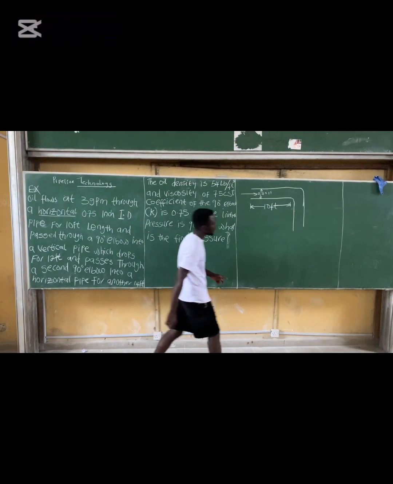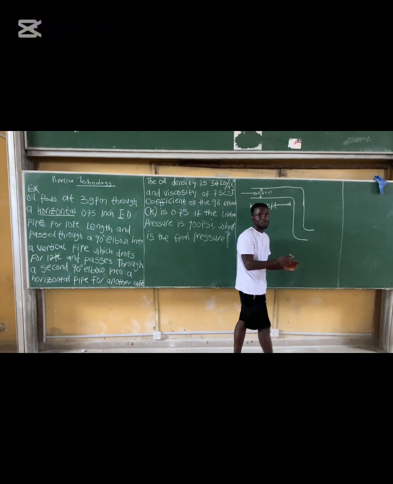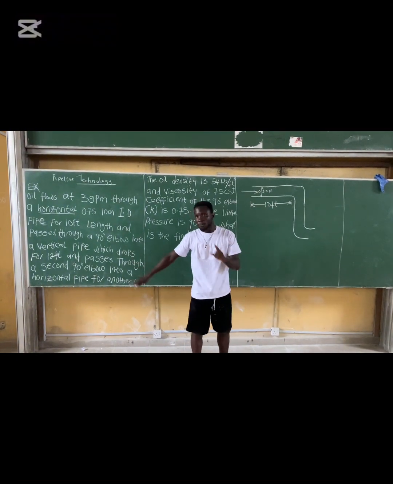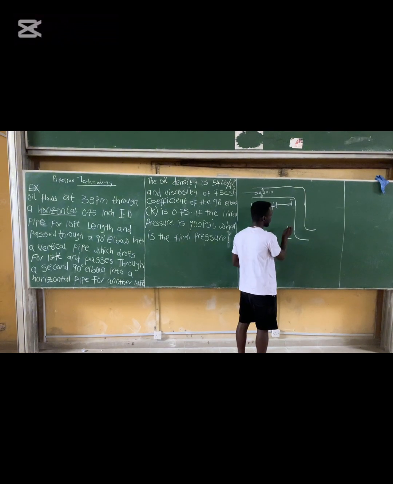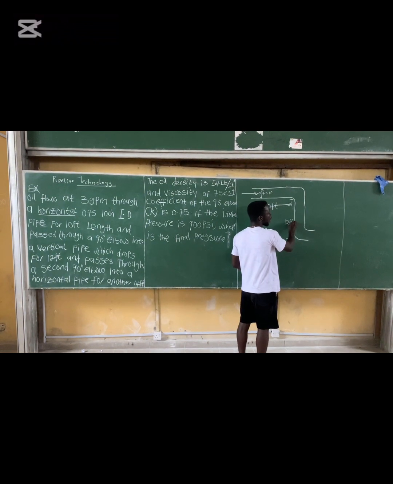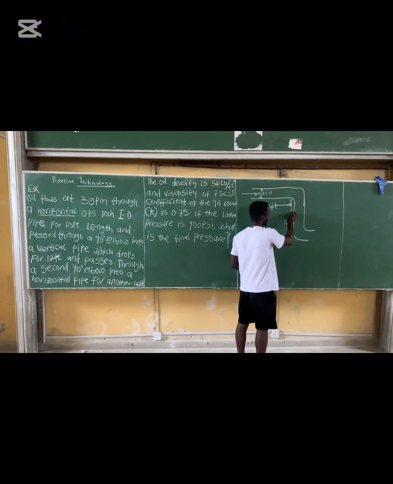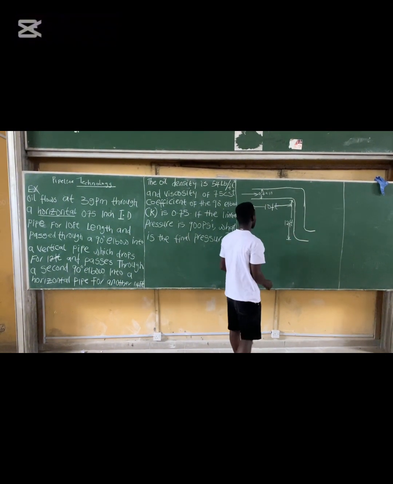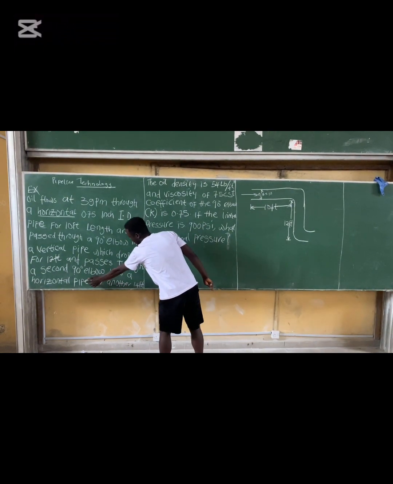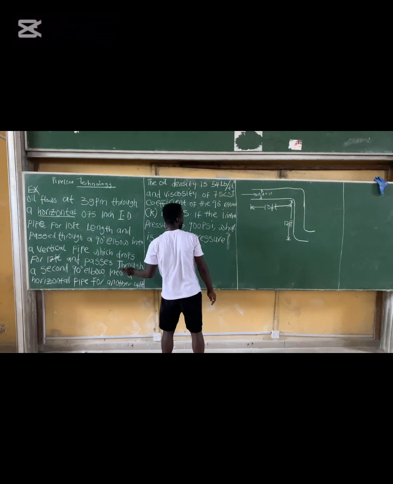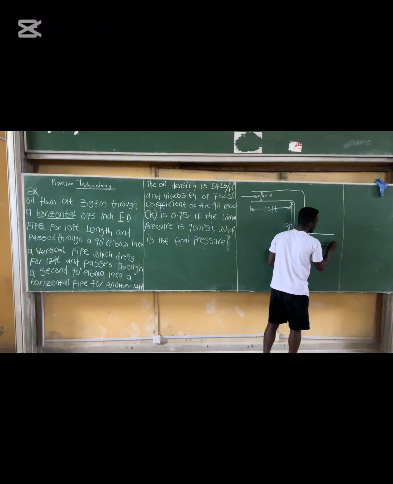So the vertical pipe drops for 12 feet. And the distance from here to here is 12 feet. Then it passes to another second 90-degree elbow into the horizontal pipe for another 14 feet.